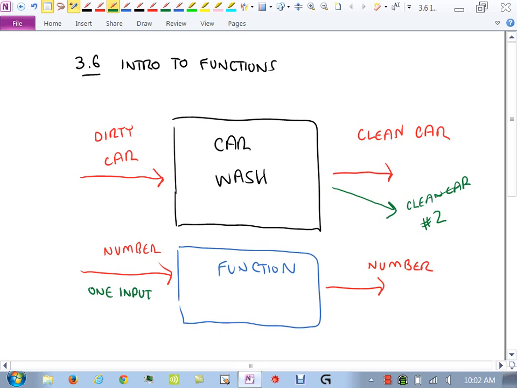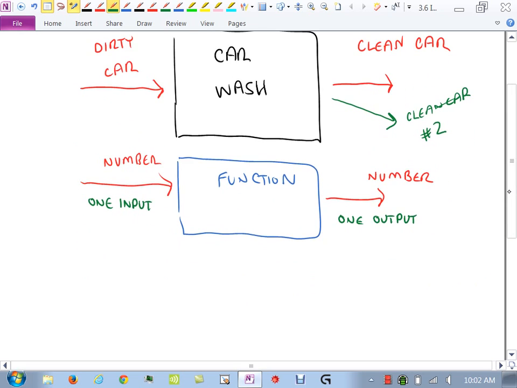That means one thing going in, one thing going out. That's what you have to have for a function. So that clean car number 2 is no good. That's another condition of a function: 1 input, 1 output.